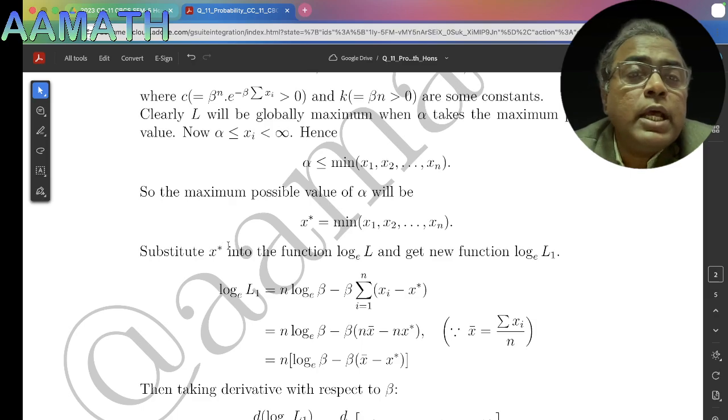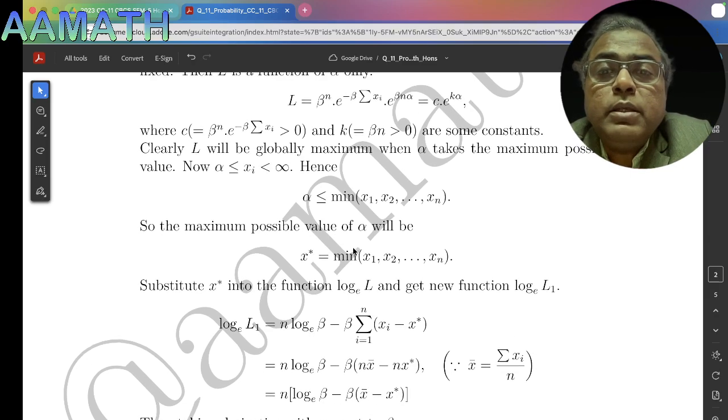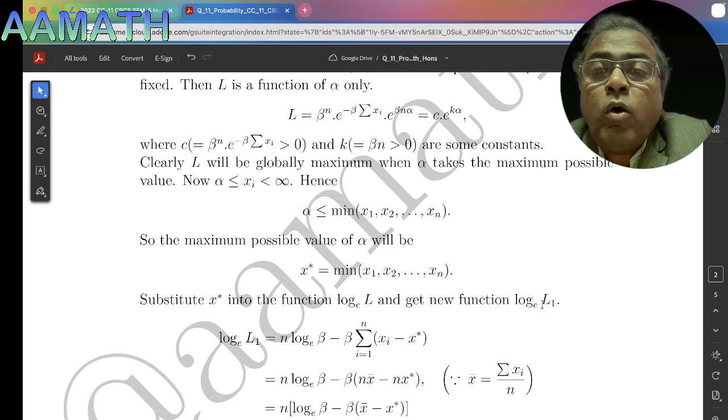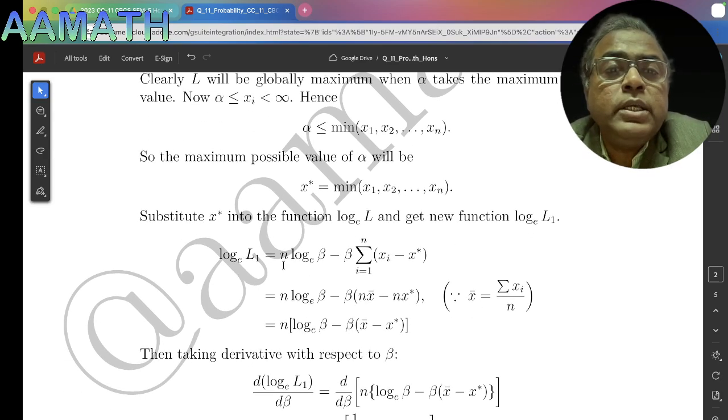So substituting this x star in place of alpha, we get the new function log L1 to the base e. Actually, L1 is nothing but L with x star in place of alpha. So log L1 to the base e equals n log beta to the base e minus beta summation xi minus x star.